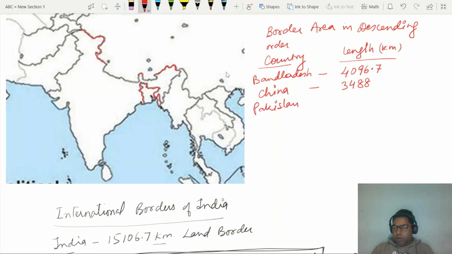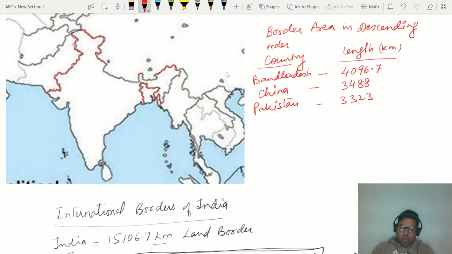Then it comes to Pakistan. Pakistan shares the border with India. This whole area covers about 3323 kilometers.